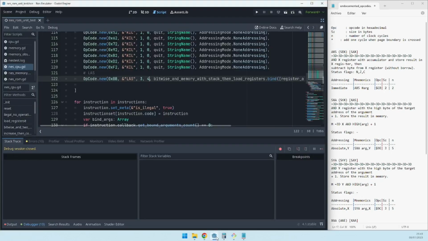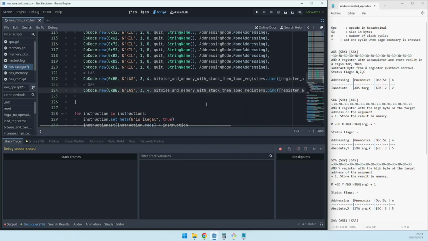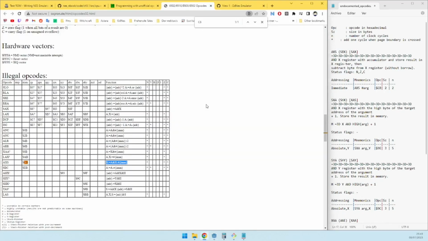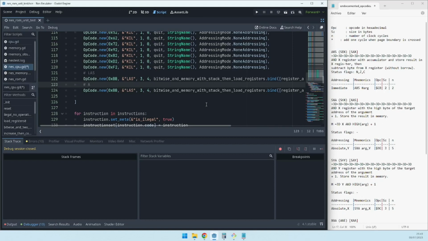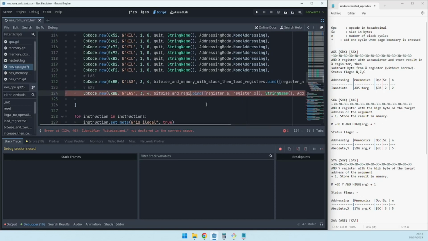So AXS: bitwise and registers, then subtract.